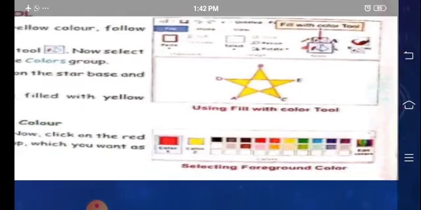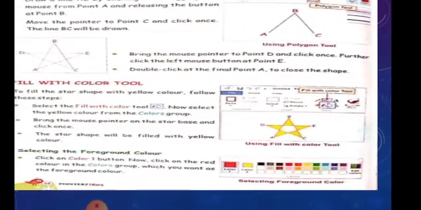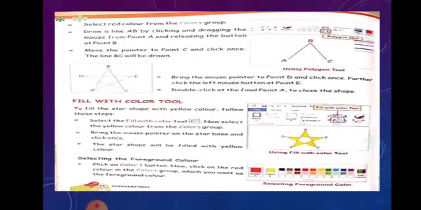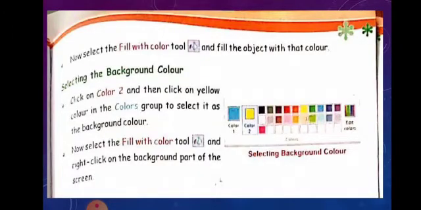Now, dear children, all the drawing has two parts, foreground as well as background. The foreground, the part that you want to highlight, which is in the front part, is the foreground of the picture. For that you will have to select color 1, and for background you will have to select color 2 option.